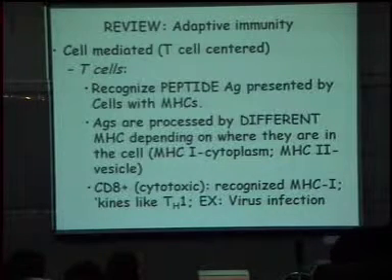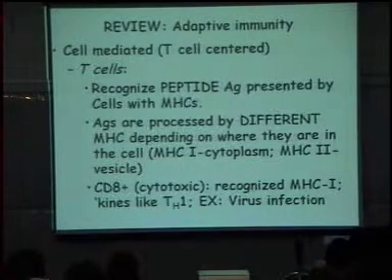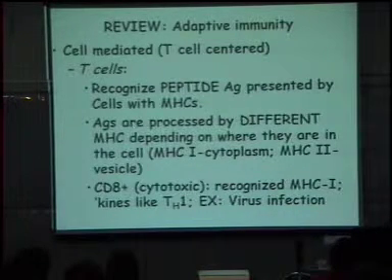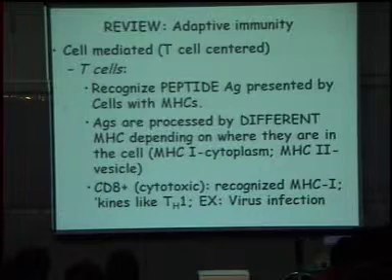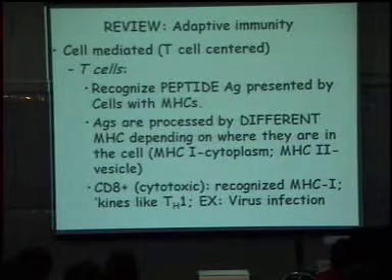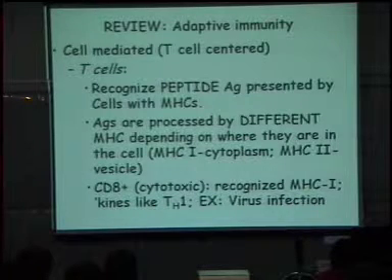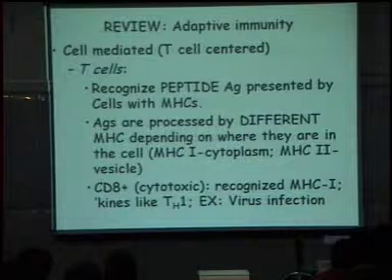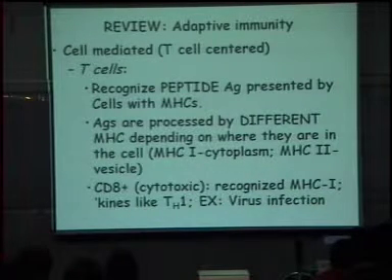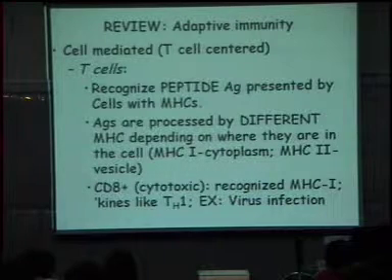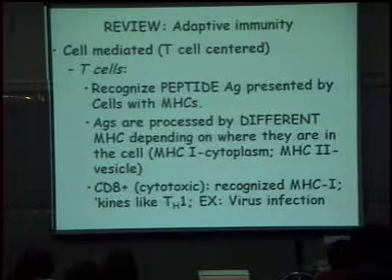Again, recognizing peptide antigens. Antigens are presented differently by different major histocompatibility complex areas depending on where they are in the cell. So MHC1s are in the cytoplasm and MHC2s are in vesicles in the cytoplasm.